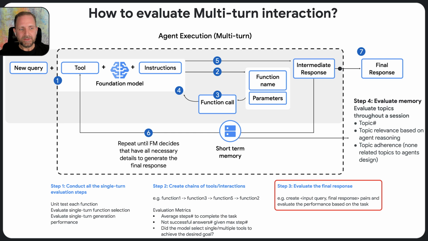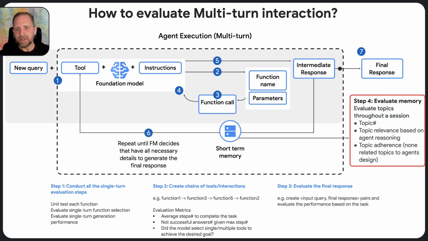The next step is, of course, to do the evaluation, as we know, with the input query and the final output as well, as we saw in the GenAIOps foundations. And the last evaluation is we need to check the topic. What I mean is sometimes the agents might deviate from the topic that we used to talk about.